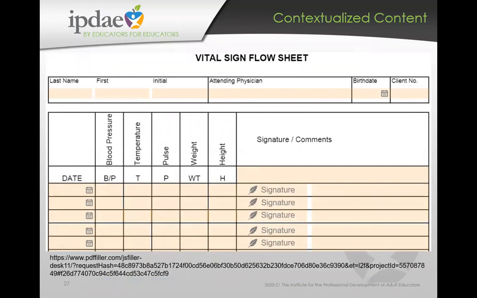Now on the writing component, you might want to start teaching them how to complete a form. We do this a lot in ESOL, understanding forms and completing forms. Why not use a vital sign flow sheet and start training them how to fill out this one? Now, as you can see here, you have a signature and a comments column at the end. And you see, if you're going to insert a comment here, you can't insert a very, very long sentence in the comments.